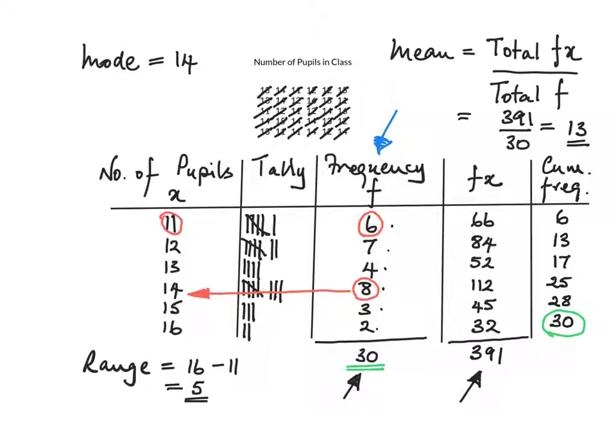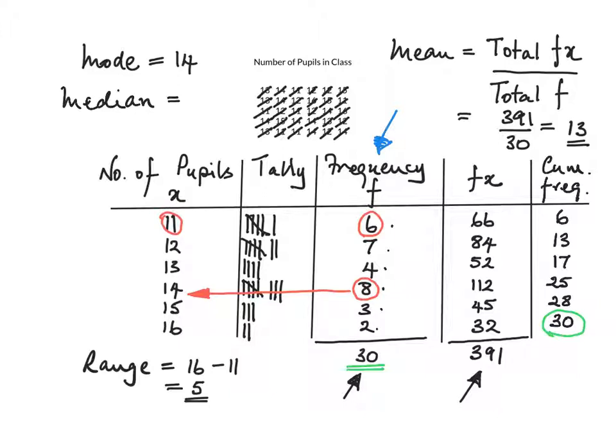So, how do we use this? Well, we use the cumulative frequency column when we want to work out the median of the data. The median is the middle number. In this case, I have 30 pieces of data. 30 divided by 2 is 15. I take the average of the 15th and the 16th pieces of data.